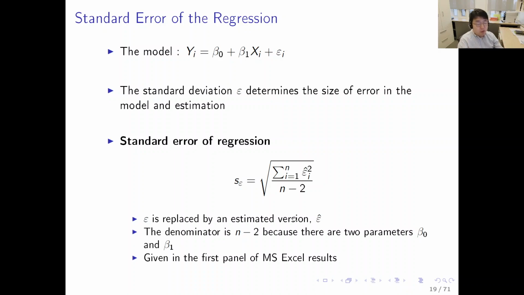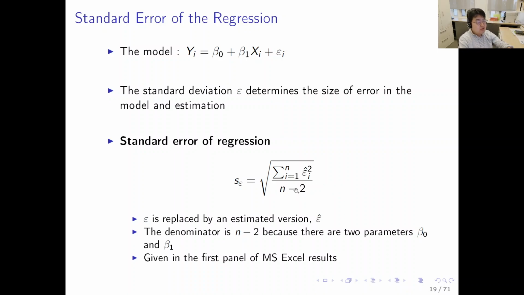Of course, you don't need to memorize it, but remember, epsilon is not observed, but you can calculate the epsilon after estimation, right? So residuals are calculated. You see the differences from the line. They are estimated errors, and we square that and sum them and divide by n minus 2.